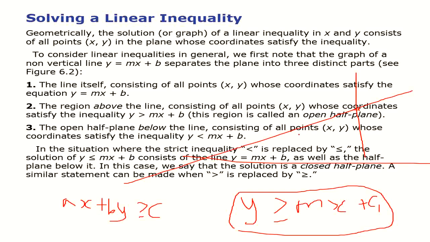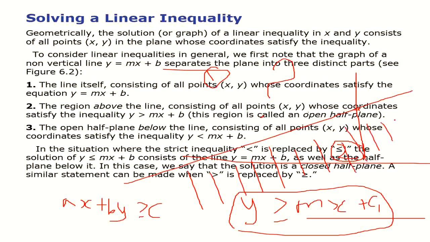These 2 points you can find and join to get the line. Now when you draw a line for this inequality, this straight line divides the entire space into three parts: above the line, below the line, and on the line itself. Here y is greater than this term, so this is the area we are looking for, and the area we don't want is the part below.